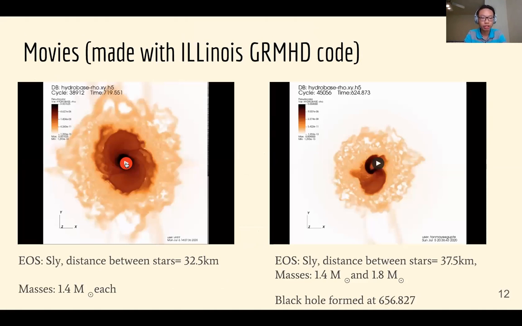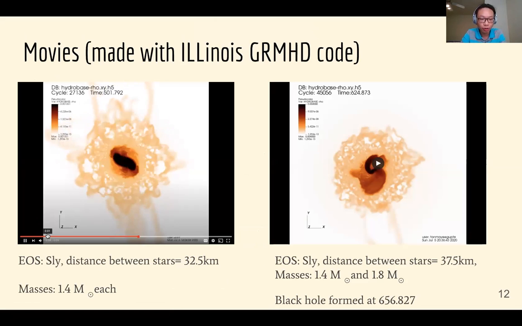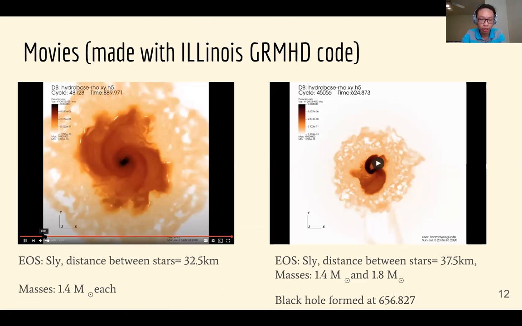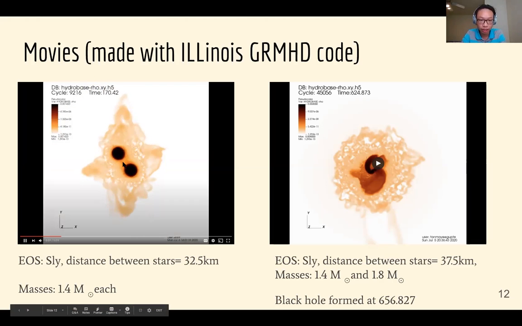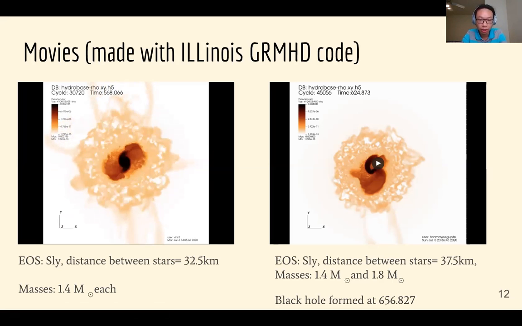Okay, so these are the two movies that we were able to make with the Illinois GRMHD code and the visualization software. The first video you are seeing right now is for an equal mass binary neutron star with 1.4 solar masses each, using the SLy equation of state and an initial distance of 32.5 kilometers.